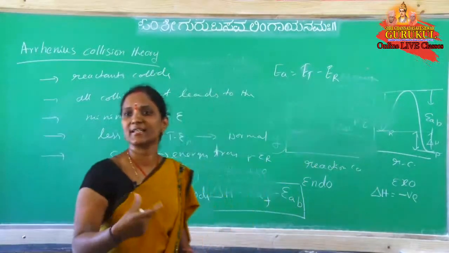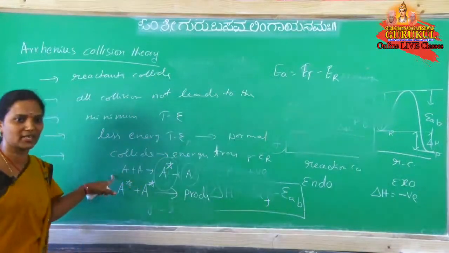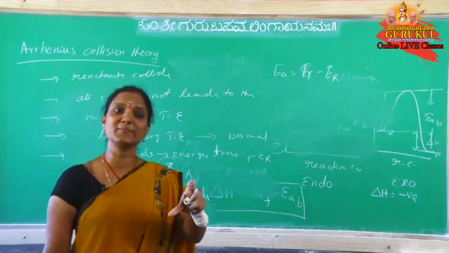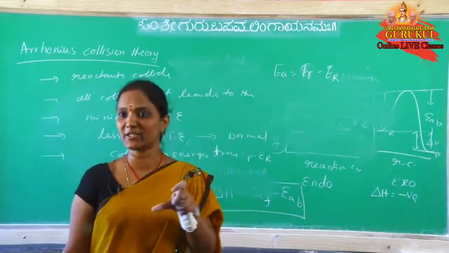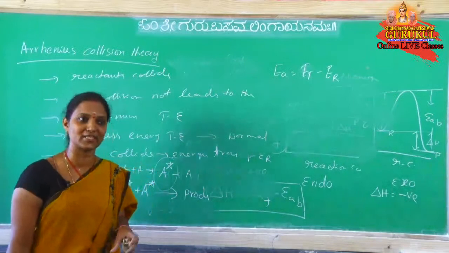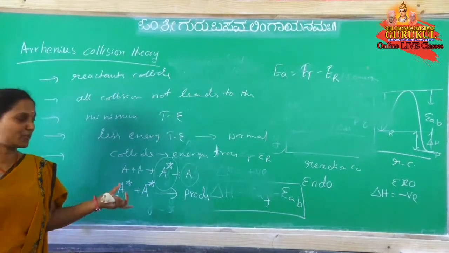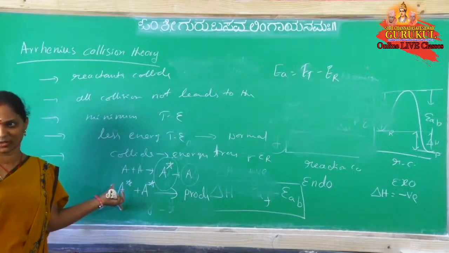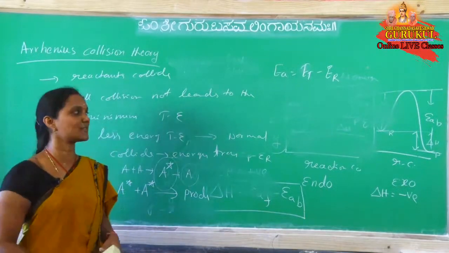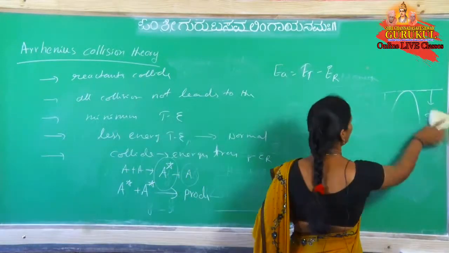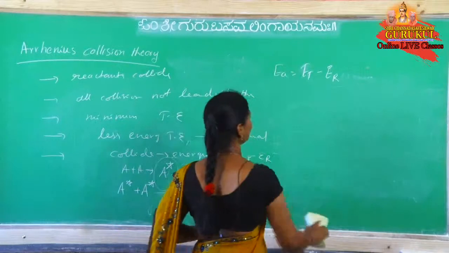That difference is the gained energy, the activation energy. These molecules are called activated molecules. Collisions between activated molecules are called activated collisions or effective collisions, and only these effective collisions lead to the formation of products. But one more factor also affects the formation of product. What is that other factor?